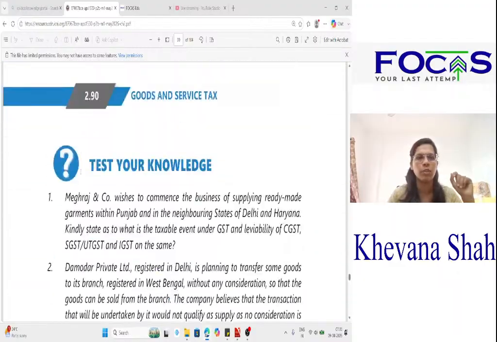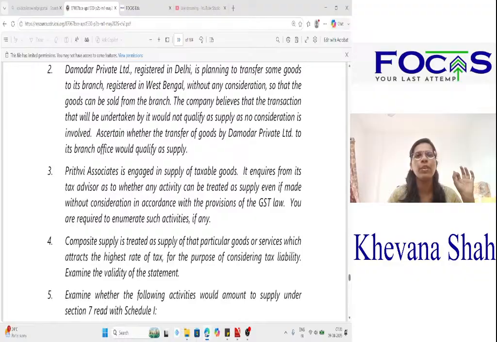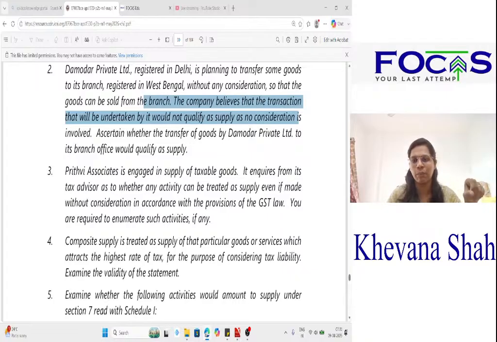Now question number 2. Damodar Private Limited, registered in Delhi, is planning to transfer some goods to its branch registered in West Bengal without any consideration so that the goods can be sold from the branch. The company believes that the transaction undertaken by it would not qualify as supply as no consideration is involved.